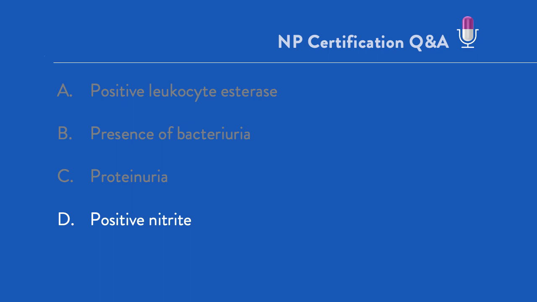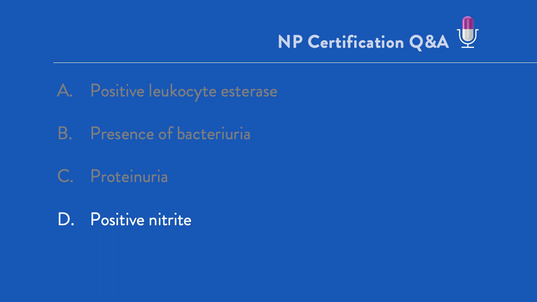A variety of gram-negative organisms, including E. coli, the big bug when it comes to urinary tract infections, have nitrate reductase, which can convert dietary nitrates to nitrites. Given that the presence of urinary nitrites is only found in gram-negative UTI, this answers the question most accurately and therefore is the best answer.